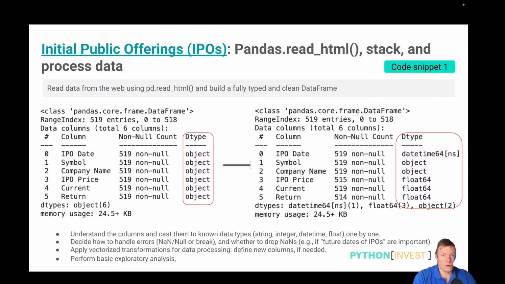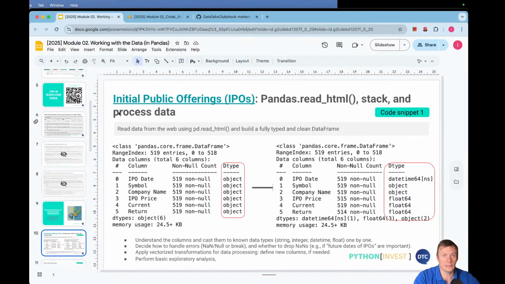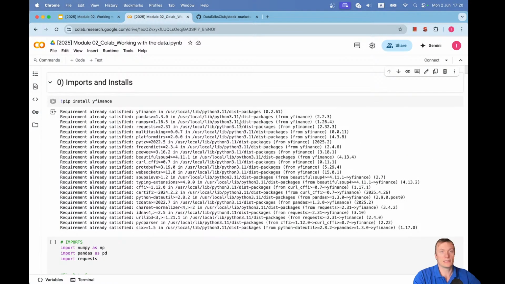And when you do all of this, you have a perfectly formatted data frame. You can do some exploratory analysis, minimum, maximum, average, just to see what you get and have some sense of the data. Okay, let's look at what we have here.